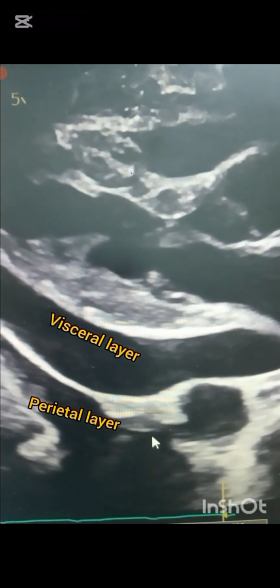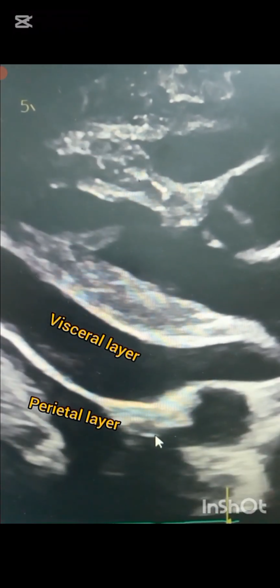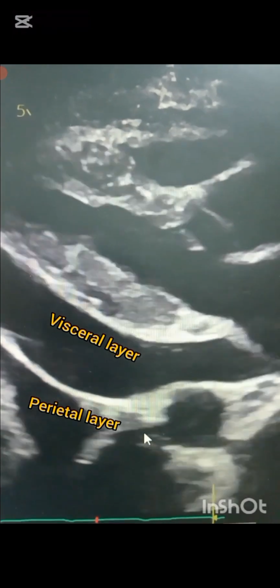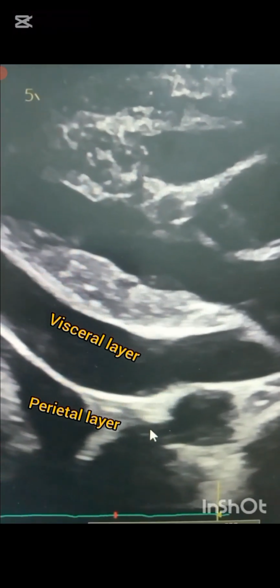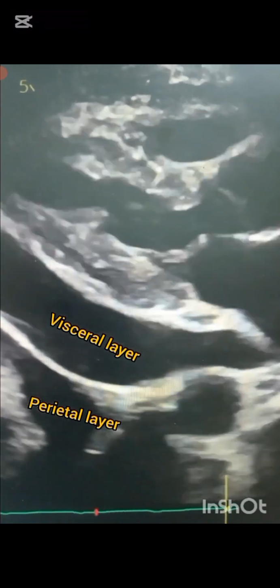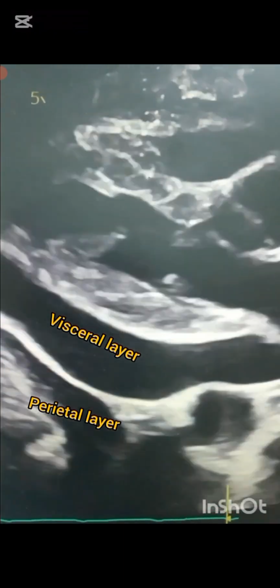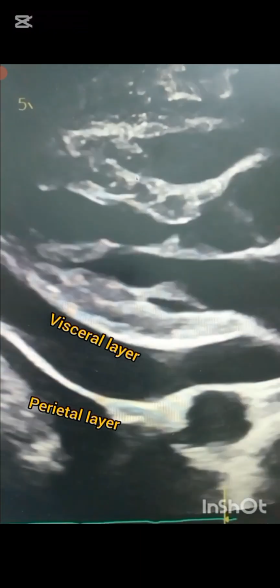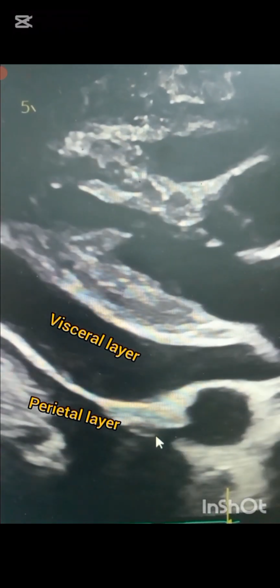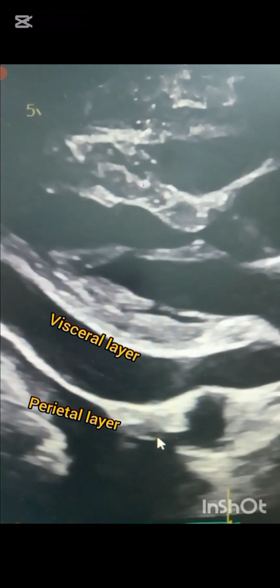In early phases, inflammation may be present in the absence of any significant accumulation of pericardial fluid. It is important to evaluate left ventricular function in patients presenting with suspected acute pericarditis to exclude a component of myocarditis.